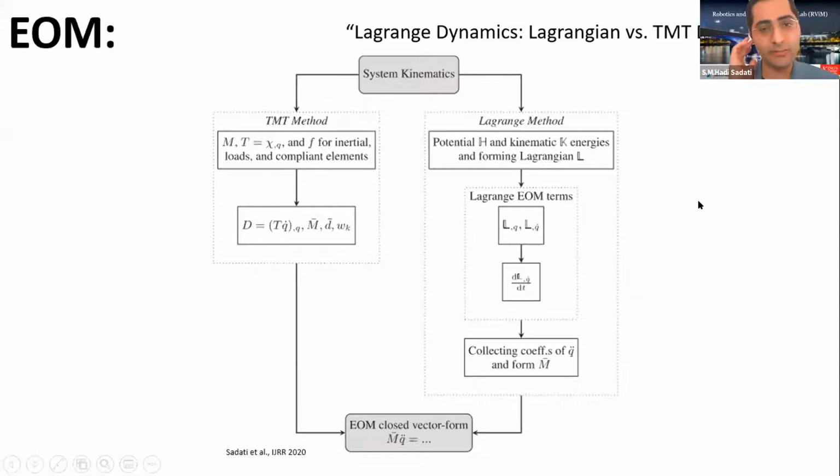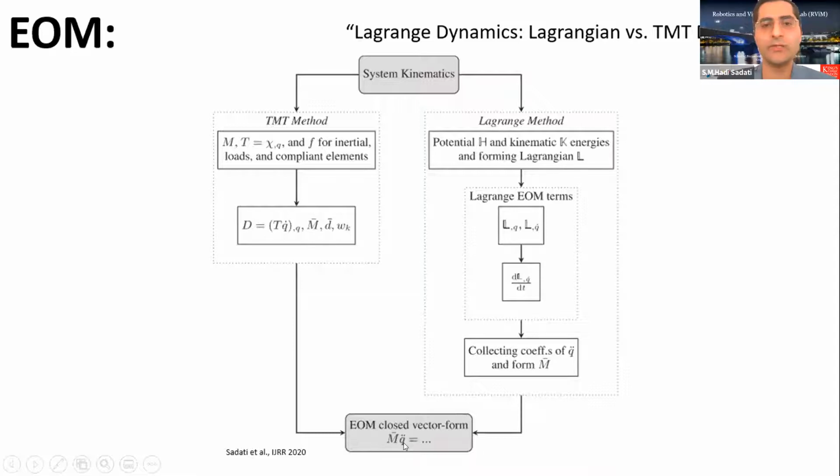Then talking about dynamics, we can take the Lagrange formulation path, or we can take an alternative method called the TMT method. It's not very familiar in the community. But both ways, you end up with a vector form for the dynamics of the system.